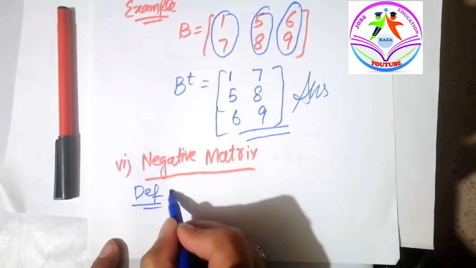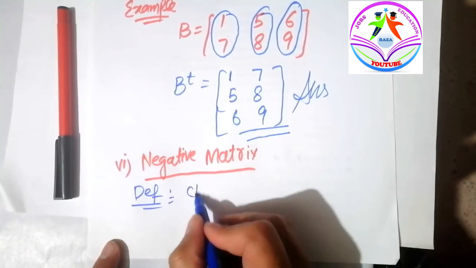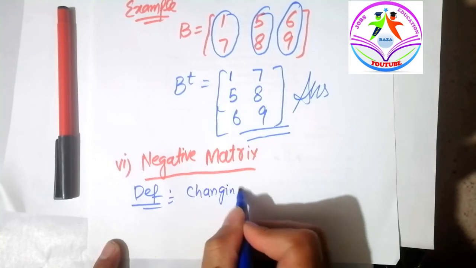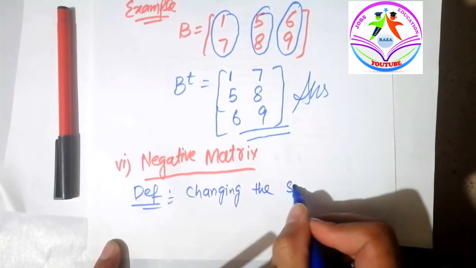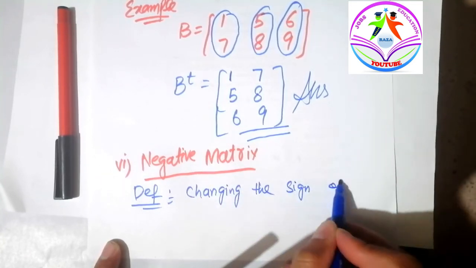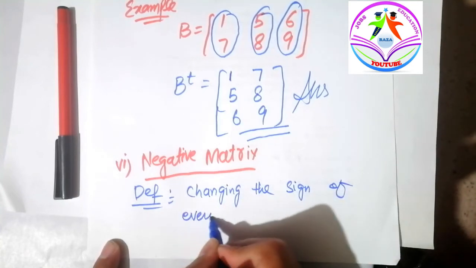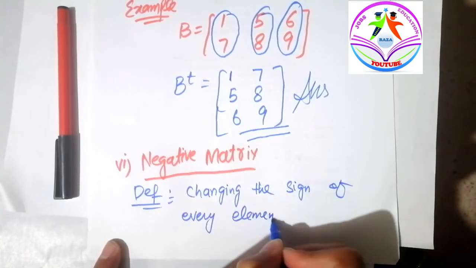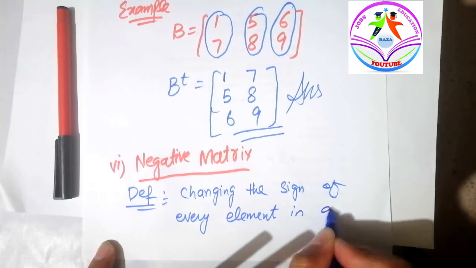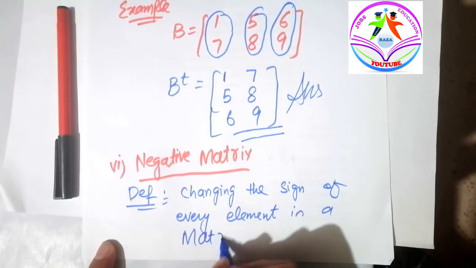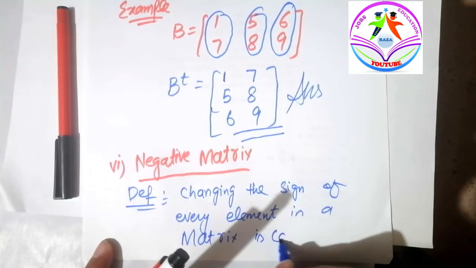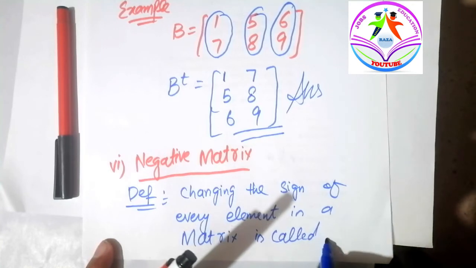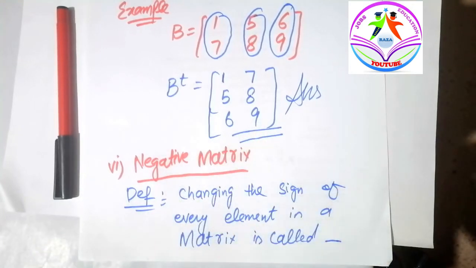Let me write the definition for you. Changing the sign of every element in a matrix is called negative matrix. Let me give you an example.